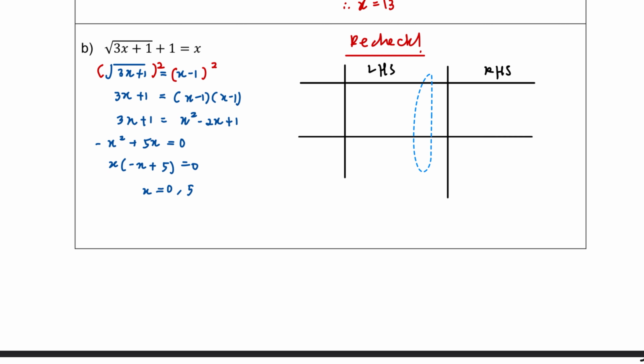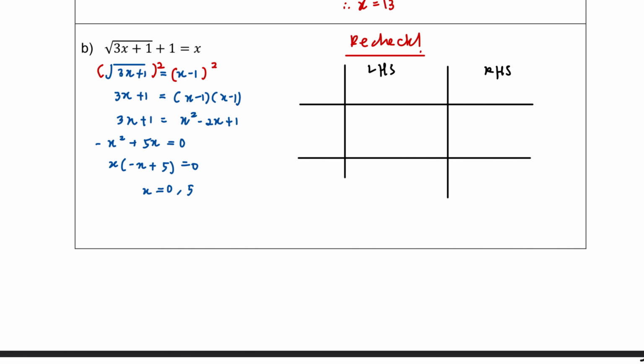Okay, so now we have two values. So we have x equal to 0 and x equal to 5. Right, and then kita punya formula, left hand side kita is square root 3x plus 1 plus 1. Right hand side kita is x. Okay, substitute kita punya nilai.